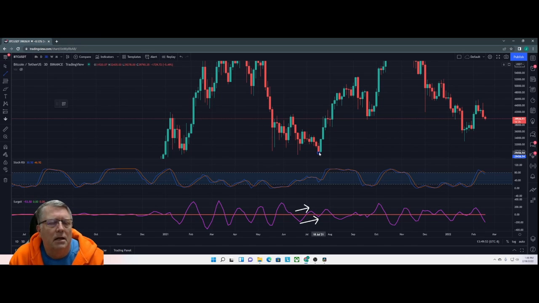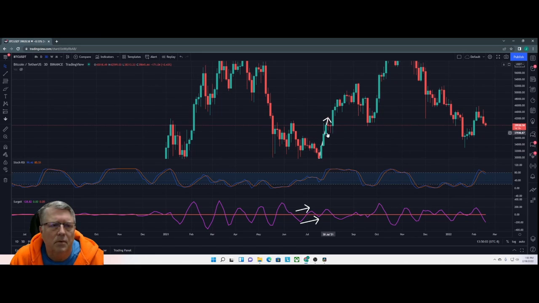And then if we take the next periodic spot of the surge oscillator, which is in this area right here, we'll see that was the first move, okay? And then if we define the second move to be the periodic move down on the oscillator, it finally reached a low point right here, and that corresponds to this point right here.